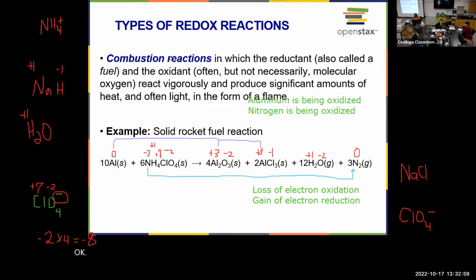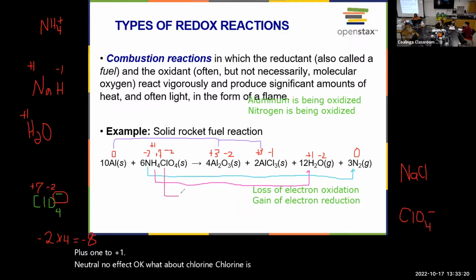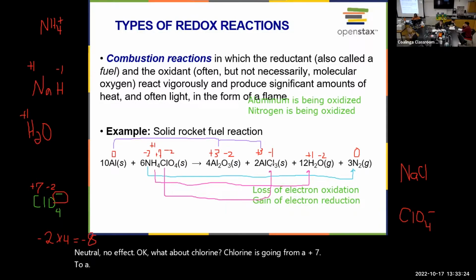So let's take a look at hydrogen. Hydrogen is +1 over here, and it's +1 over here. Neutral, no effect. Okay, what about chlorine? Chlorine is going from +7 to -1. Gain of electrons.